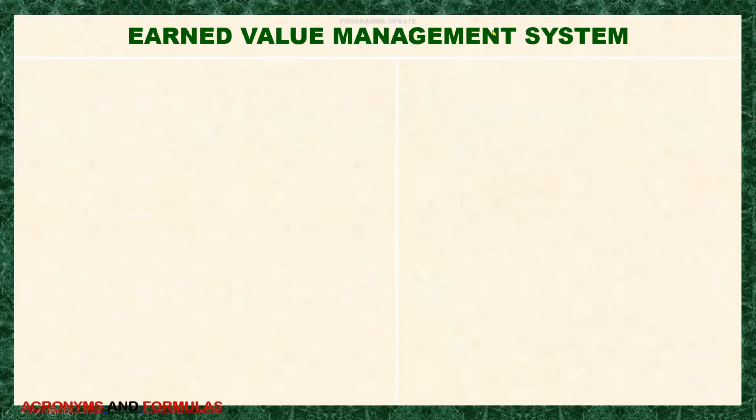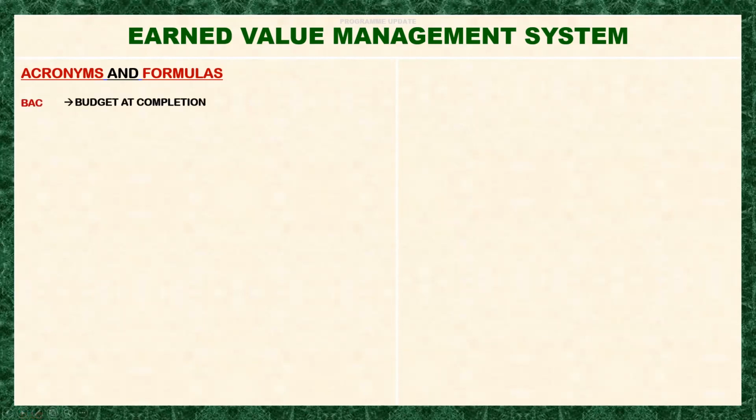Okay, acronyms and formulas. I made it myself to be clearer for my beloved viewers. Because if you look at Primavera, it's more understandable if you are already familiar with it. But if not, there is some confusion. But here I will explain it briefly.